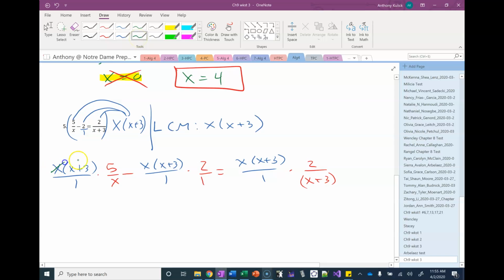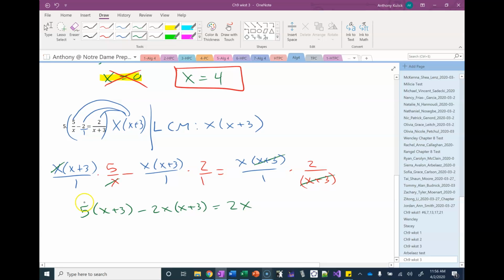So now I can reduce. The x's here will cancel, and x plus 3's will cancel. So what I'm left with then is 5 times x plus 3 minus 2x times x plus 3 equals 2x.